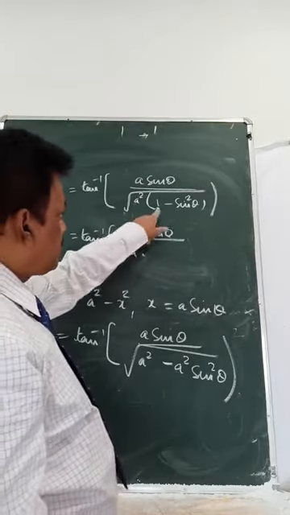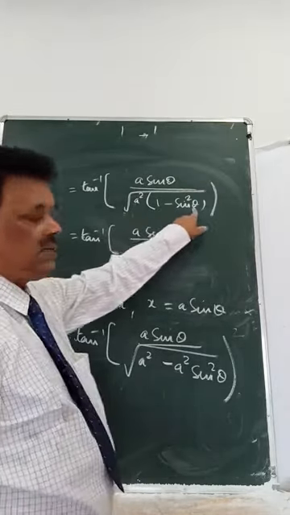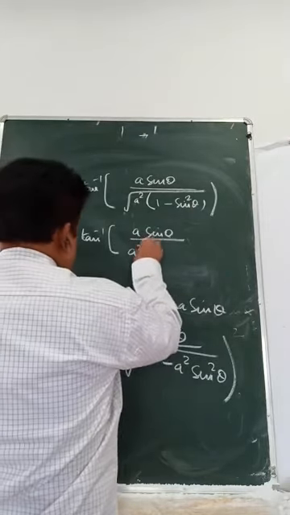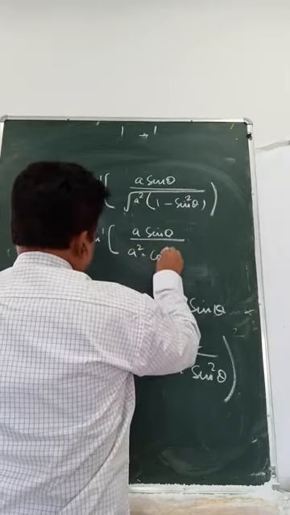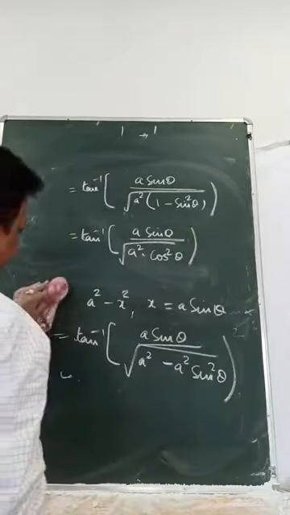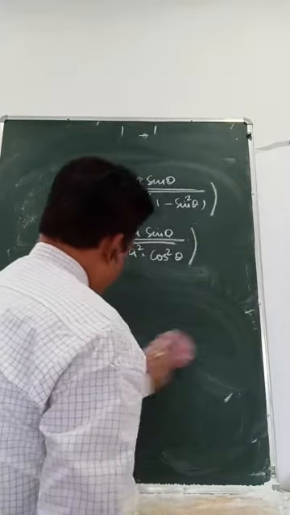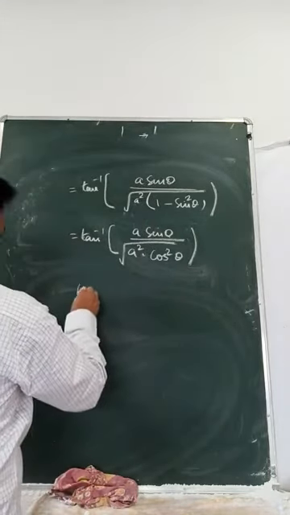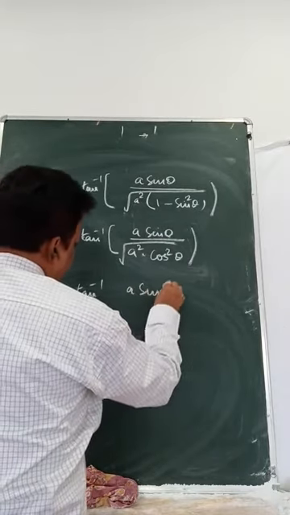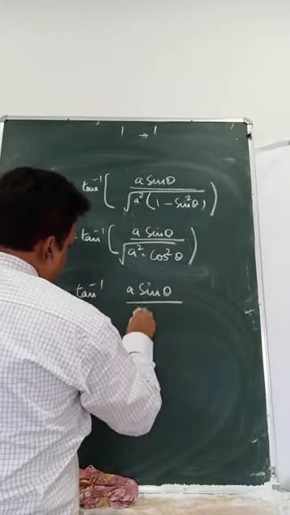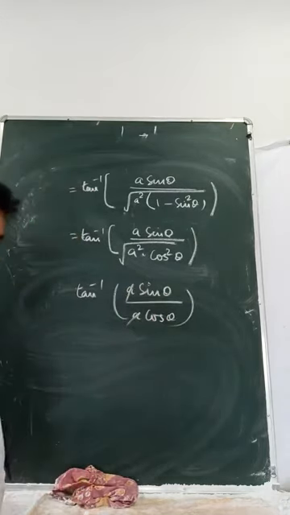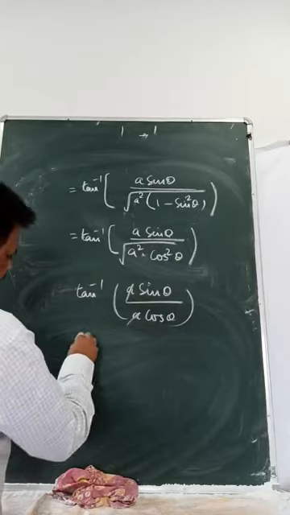But what is the formula of 1 minus sin square theta? That is cos square theta. So a square cos square theta. The next line I can write tan inverse a sin theta by a cos theta. Now look, simplified, a cancelled. So what did you get?